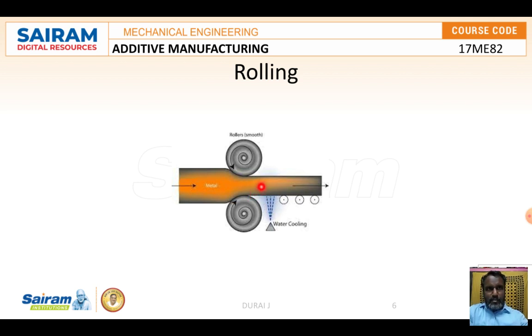It will then be re-rolled and heat treated if necessary. If heat is required, we can supply it here. The metals that can be rolled include copper, bronze, stainless steel, and others.